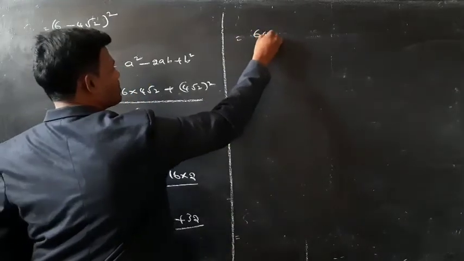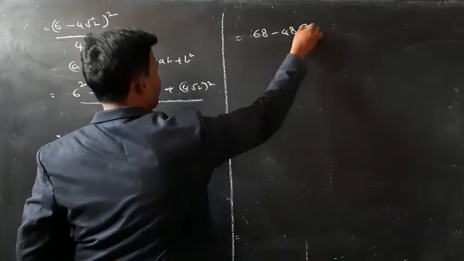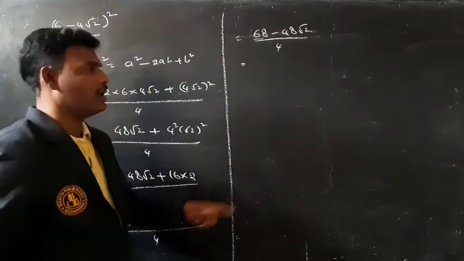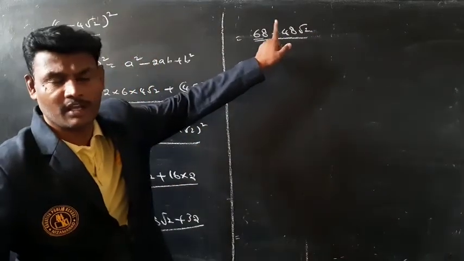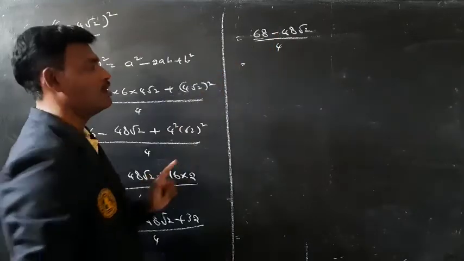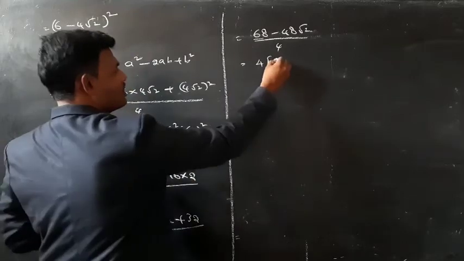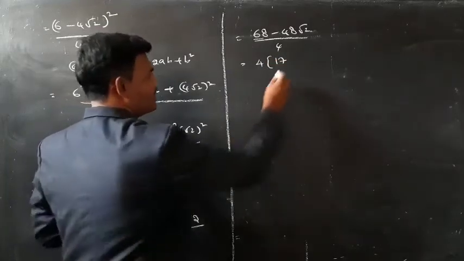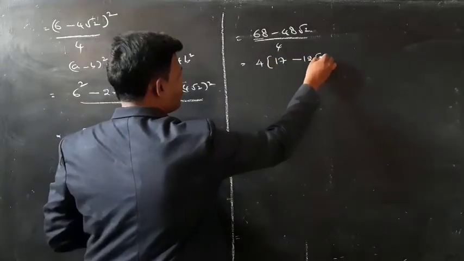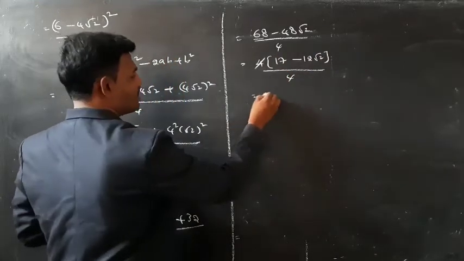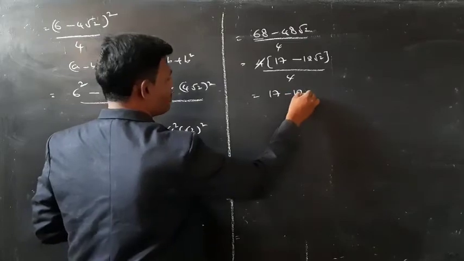Is equal to (68 minus 48 root 2) by 4. Here 68 is in the 4 table and 48 is also in the 4 table. So from the numerator I am taking 4 as common. So 4 17s are 68 minus 4 12s are 48, by 4. 4 and 4 get cancelled. What is the answer here? 17 minus 12 root 2.